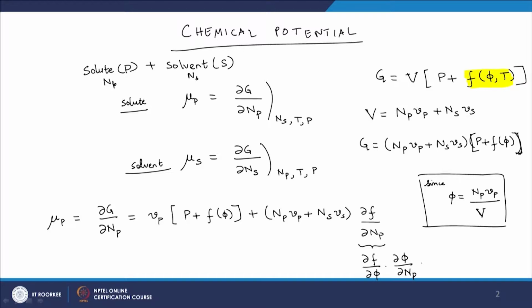So, going back, my phi is equal to n_p V_p by V, that is n_p V_p divided by n_p V_p plus n_s V_s.